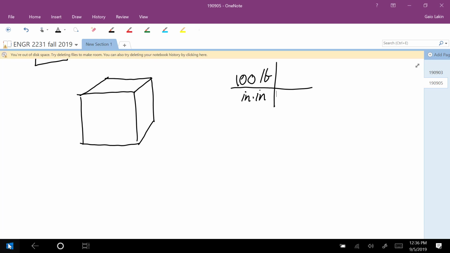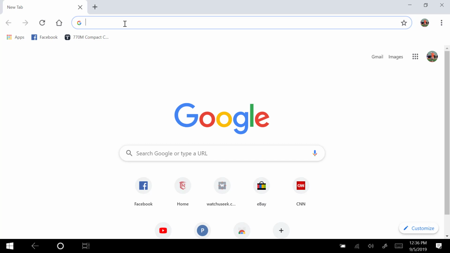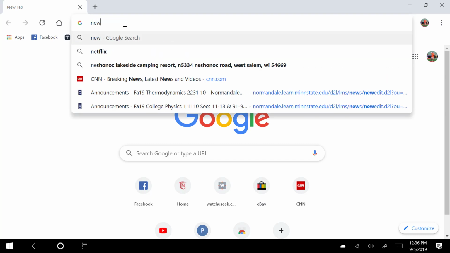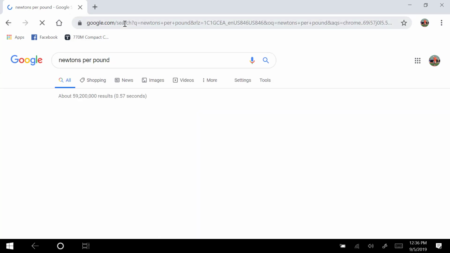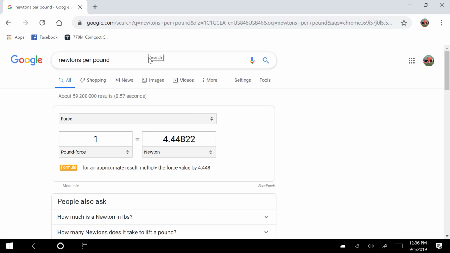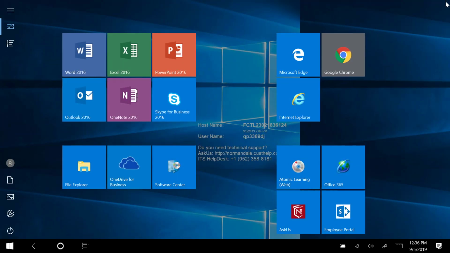Let me just Google newtons per pound. Okay, 4.448 newtons is a pound. So I'm going to use that as a conversion.